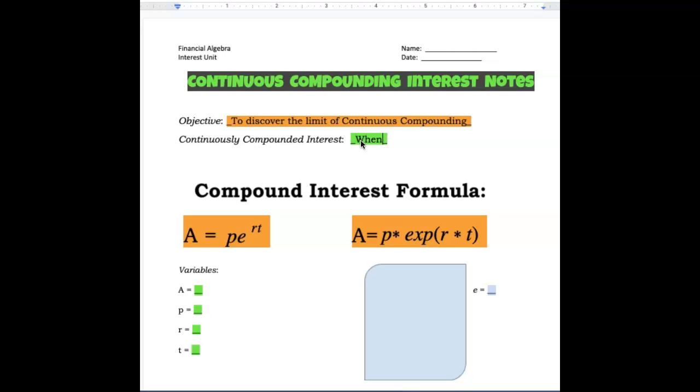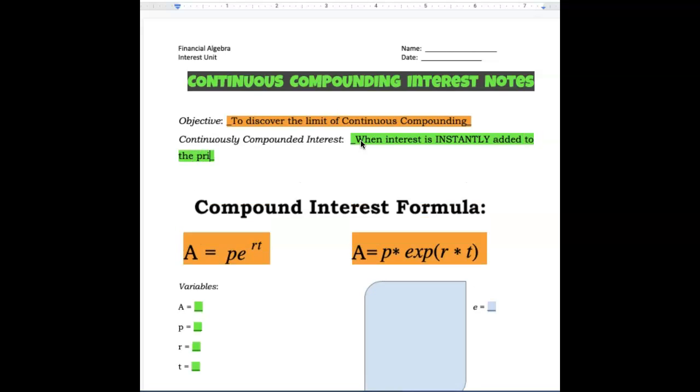It's basically when interest is instantly, not weekly, not monthly, not every second, but this concept of instantly added to the principal and then instantly recalculated.